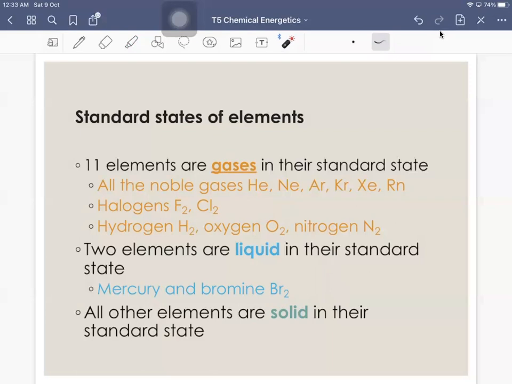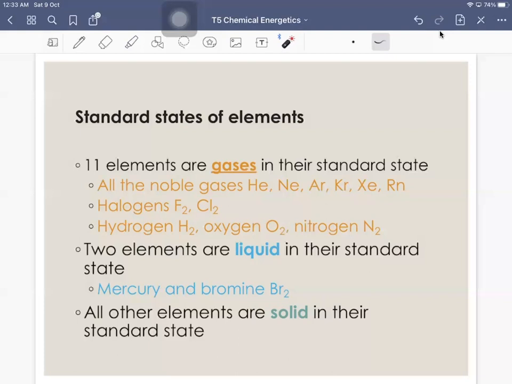What about compounds? How do you know if a compound is a solid state or a gas state? There is a long continuous list of compounds with their standard state at room temperature. So the only way for you to learn is as you go along.